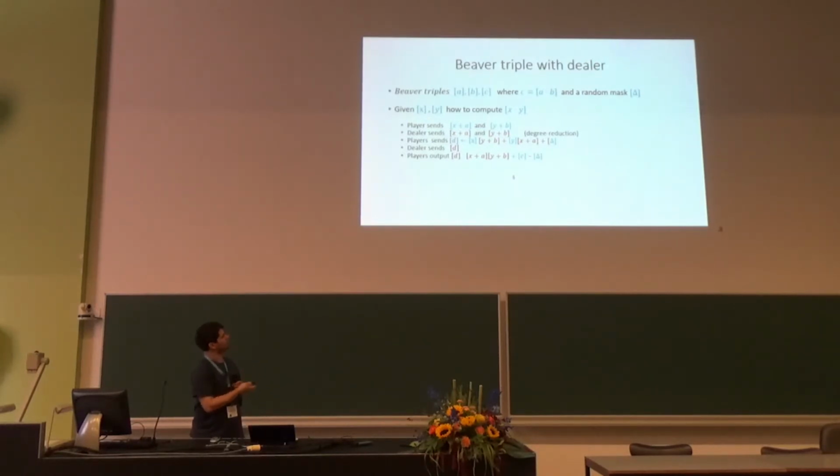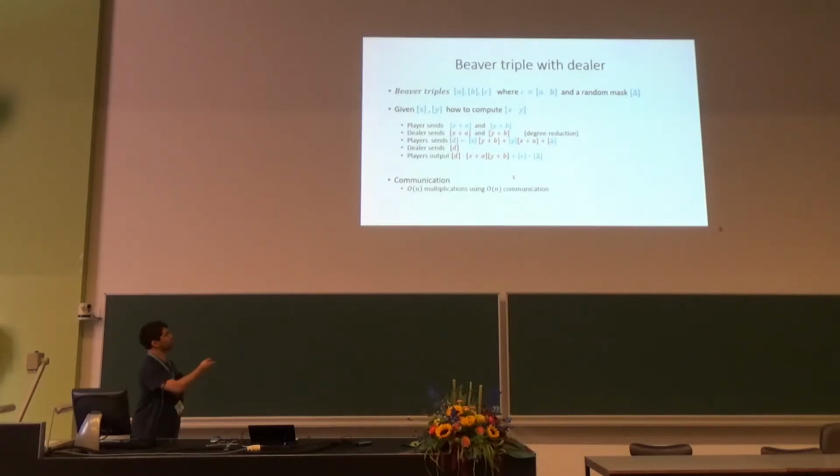And the advantage of using Beaver multiplication is order n multiplications using order n communication. So basically what we've done is we've taken triples, but with packing, and used them to securely realize a packed version of the multiplication protocol for Beaver.